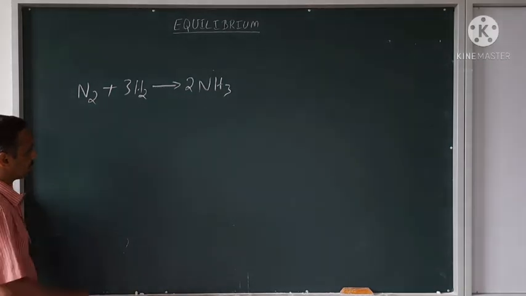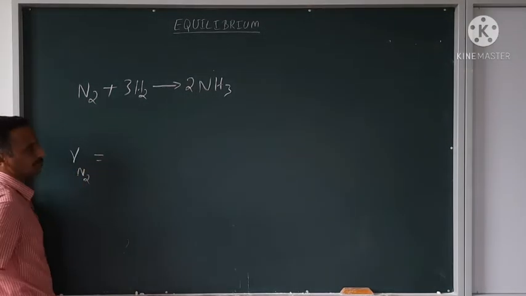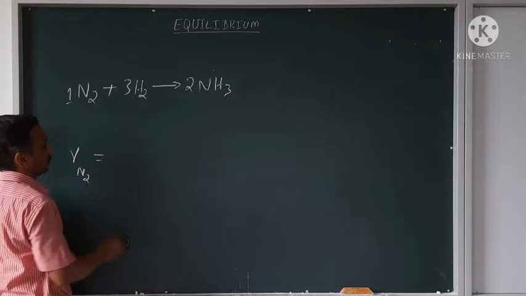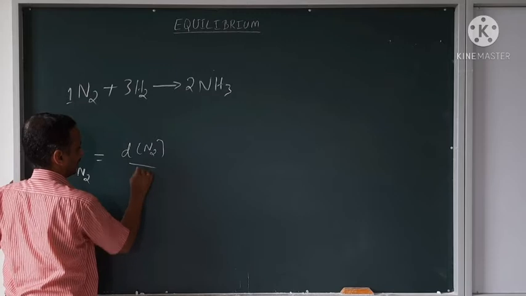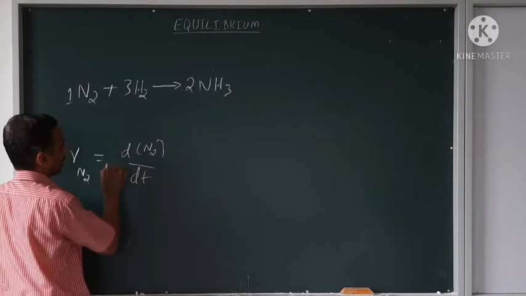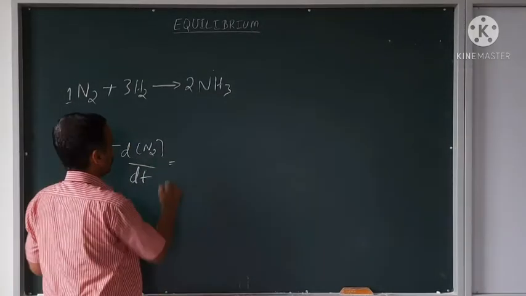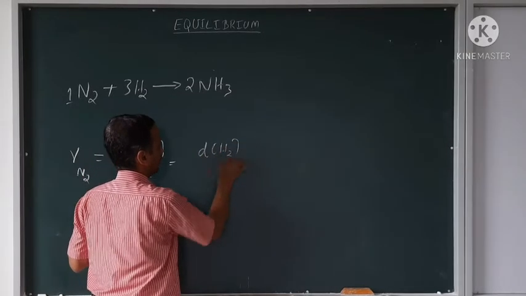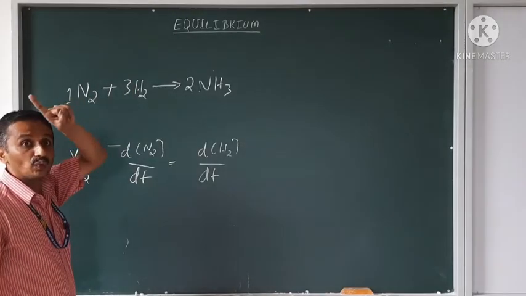So what do you do? Rate with respect to nitrogen is equal to, see here, nothing is there, this is 1 mole only. So d of N2 by dt. But thing is that it is reactant, so minus sign, which is equal to d of H2 by dt. But there are 3 moles. I want for 1 mole only.